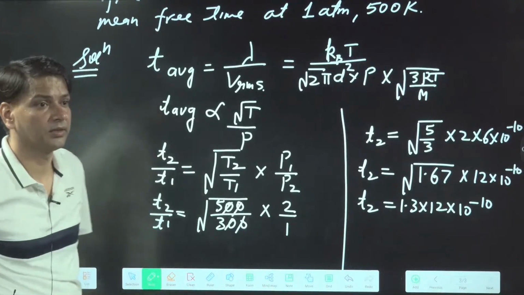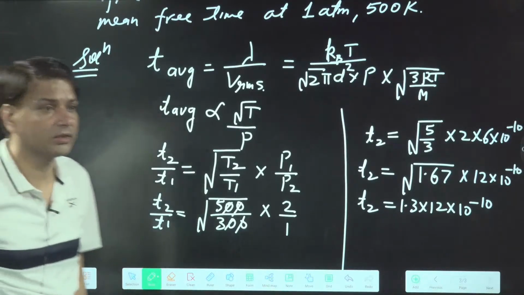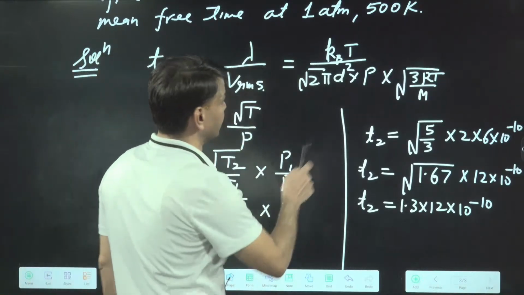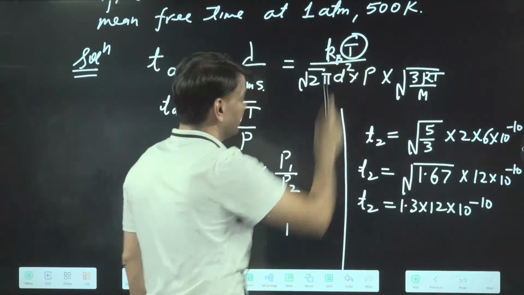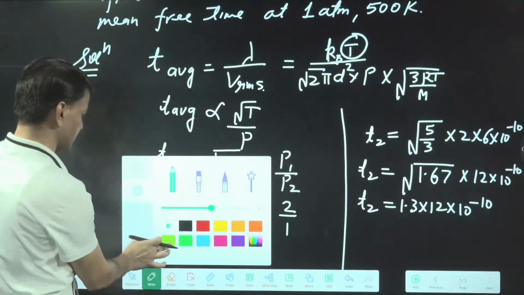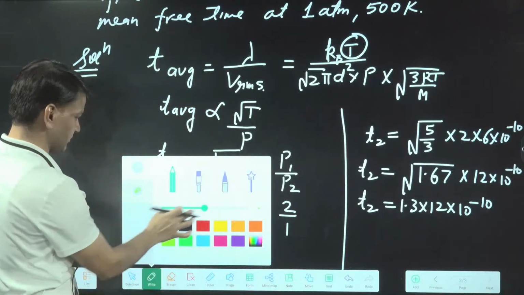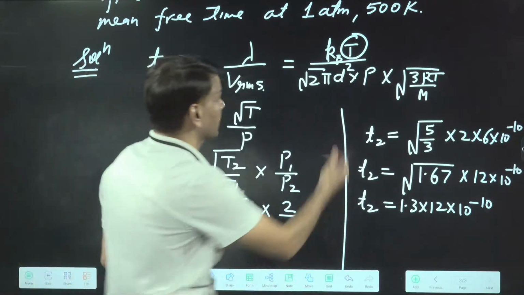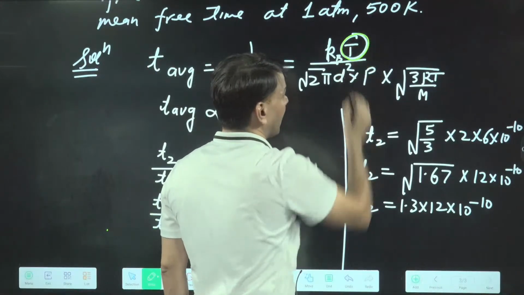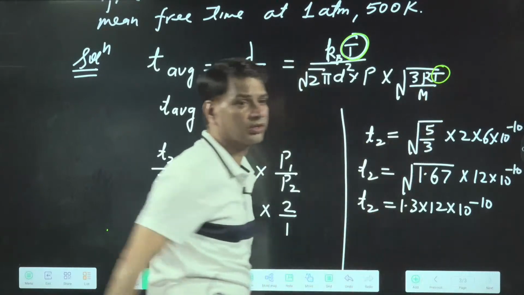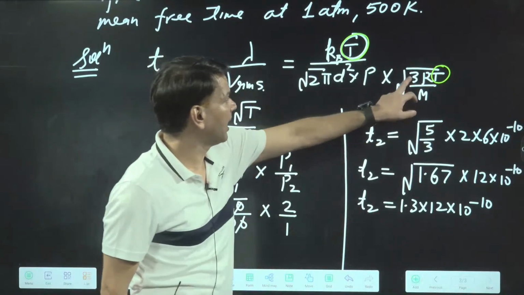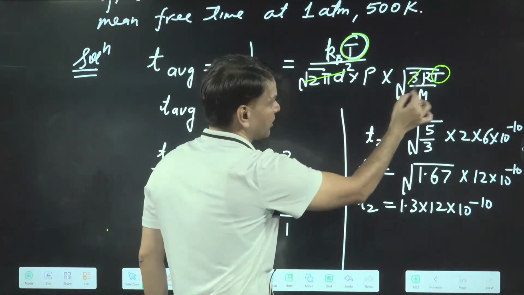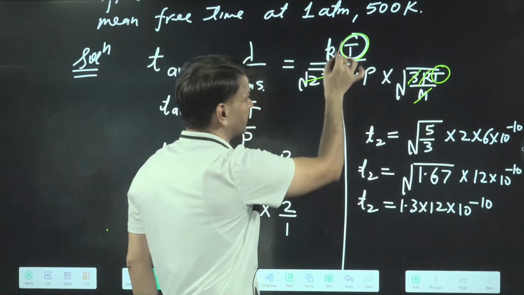Okay. How did root T come? Here you can see T, and here it is root T. Now M, R, all of these are constants.